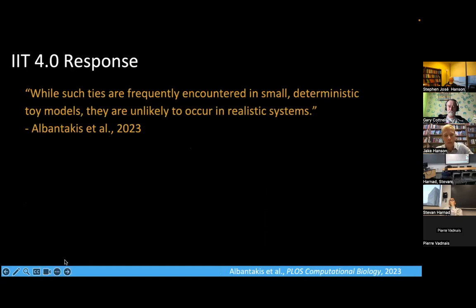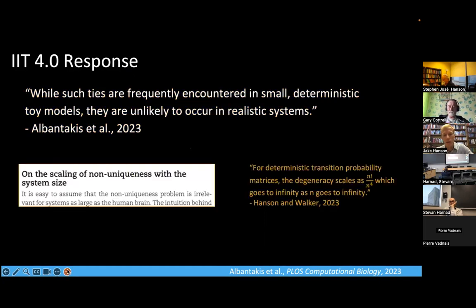I did cover this before with the question, but in IIT 4.0, which came out very recently within the past couple of months, they talk about these ties, and they also say that these ties are unlikely to occur in realistic systems. They don't provide any evidence for that claim. And like I said before, I don't think that's true. I think this problem is going to get worse with scaling rather than better. We studied this; there's a small section on it in this paper.